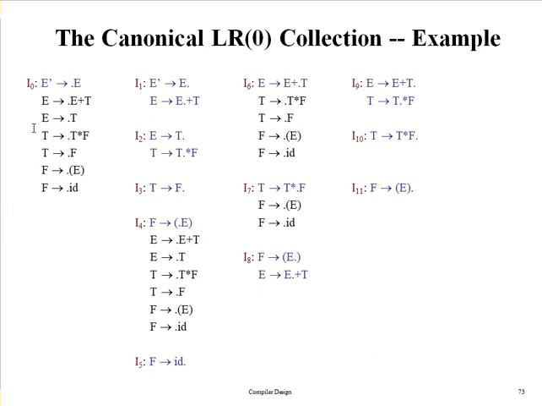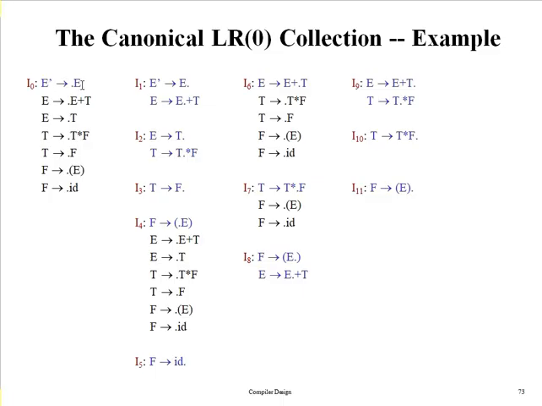For example, the next I1 should be created from I0 by applying the goto operation. So I1 is derived from I0 by applying goto of I0 comma E.